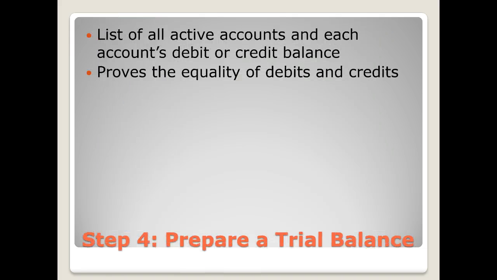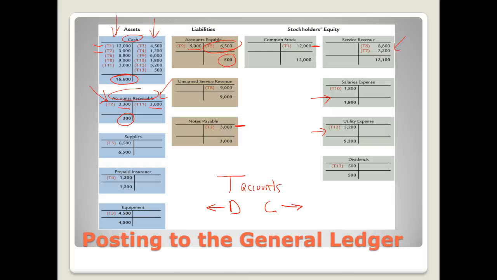So then what happens in the fourth step is we prepare a trial balance. I take a list of all the active accounts for that company and each account's debit or credit balance. Notice back here, debit balance for cash of $16,600, debit for accounts receivable of $300, debit for utilities expense of $5,200, credit for common stock of $12,000.